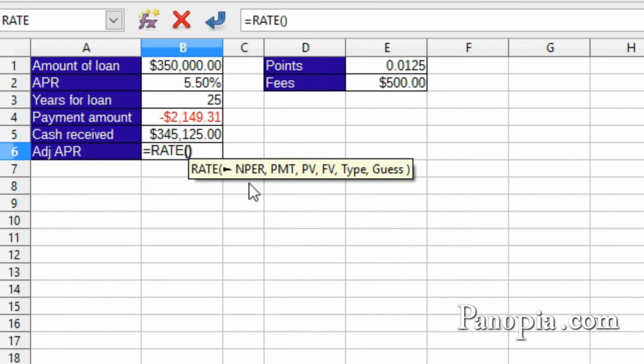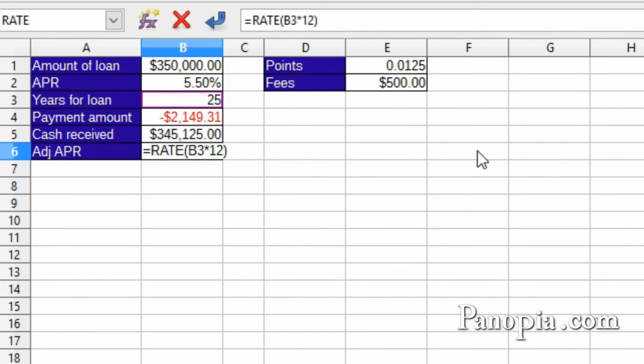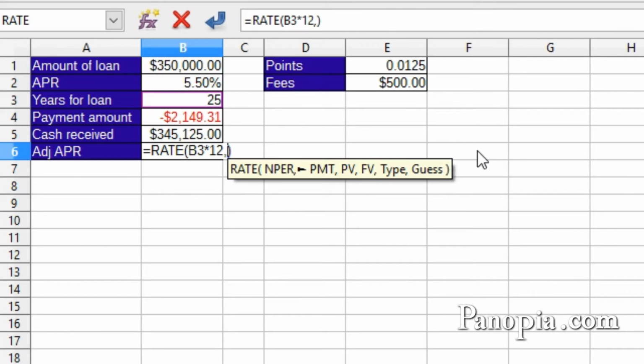First parameter, the number of periods, click B3 years, then multiply by 12 months, comma, payment amount, click B4, comma, the present value. This is the amount after the points and fees are taken out. So click B5. There is no future value and the other optional parameters are not needed.